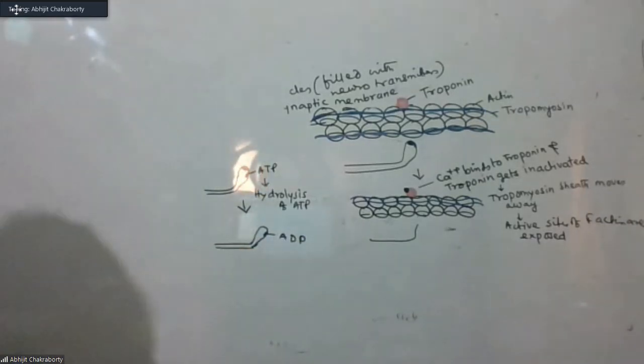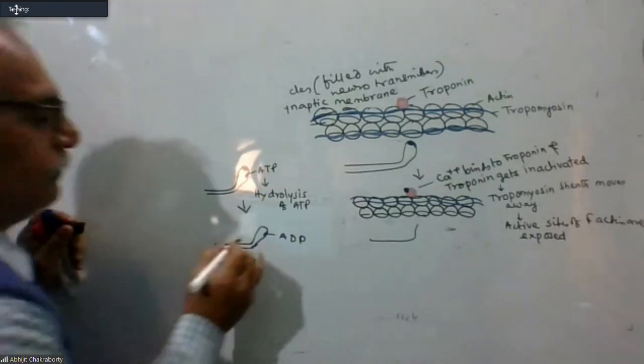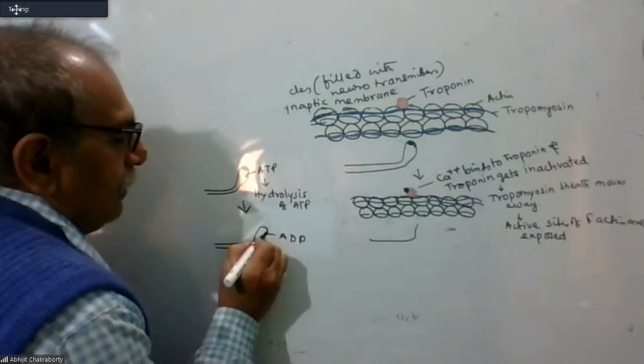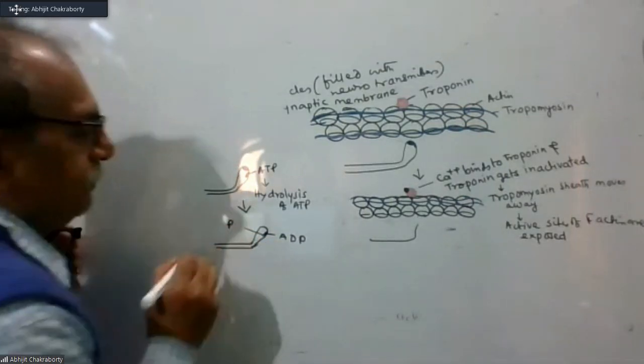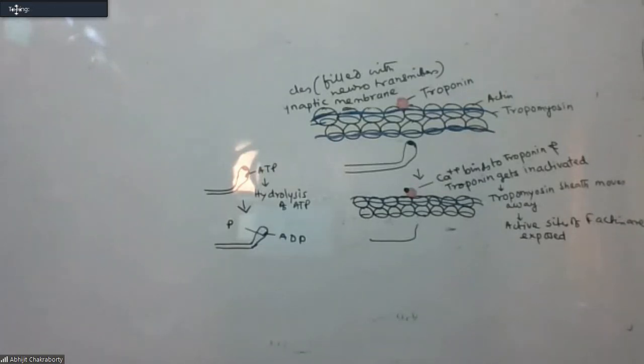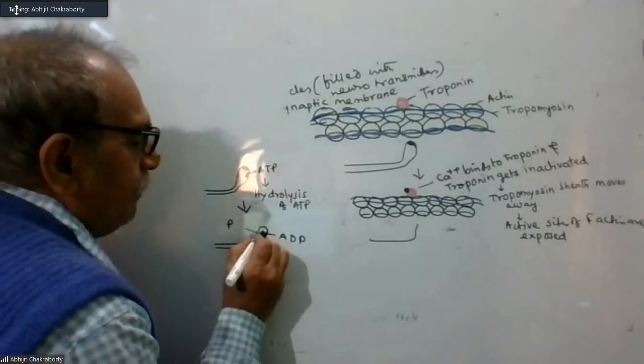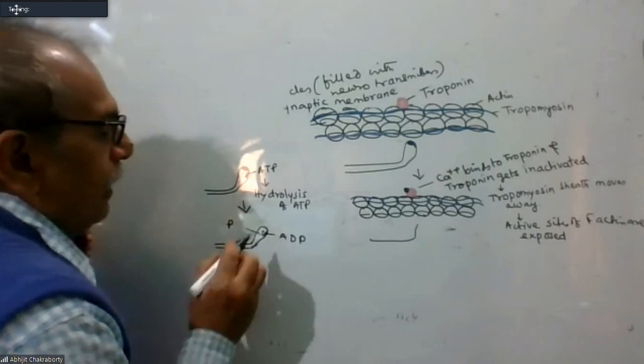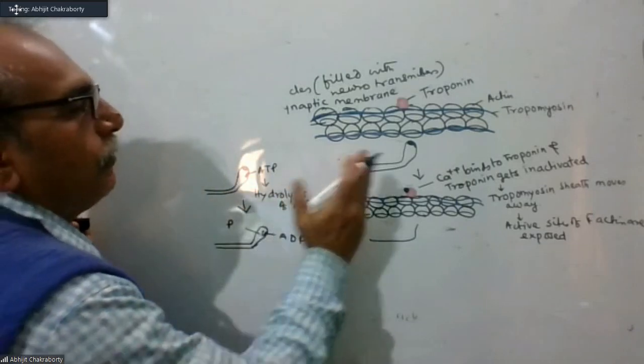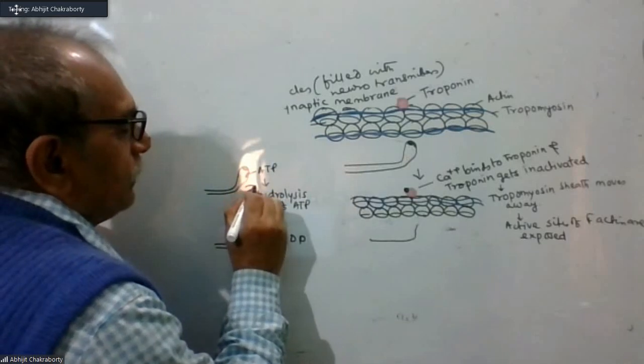ATP is broken down to ADP and P. And it is actually pivoted. It moves in this direction.